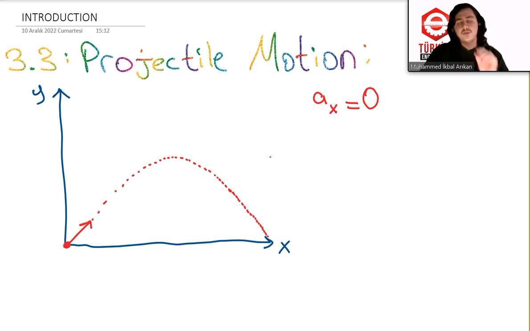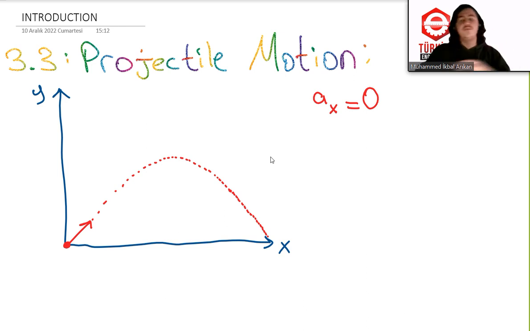And note that in some cases, air drag will be too small, so it will not affect our projectile motion. It will be nearly equal to 0. So in a lot of applications, you can neglect the acceleration in x, and when you calculate, you will get very near to exact solutions.